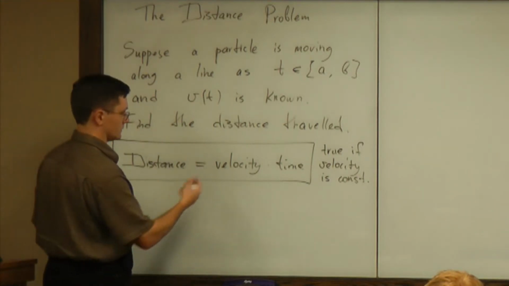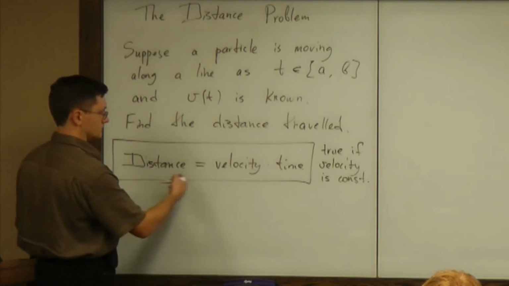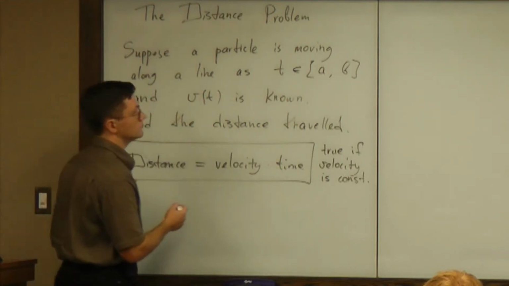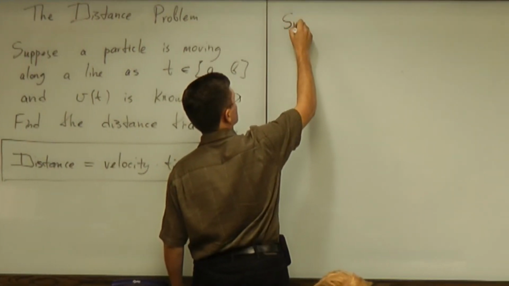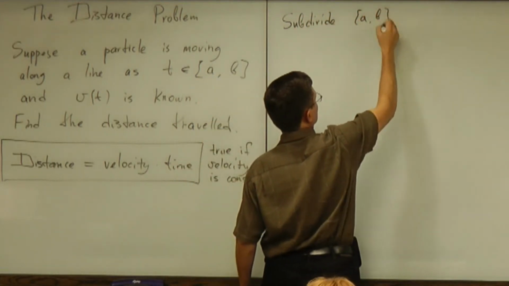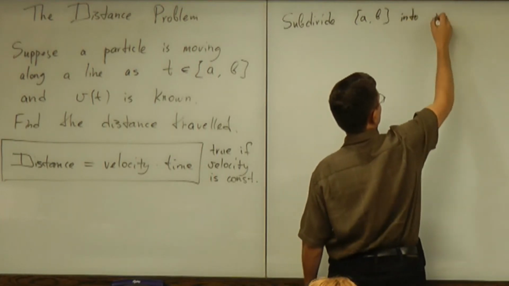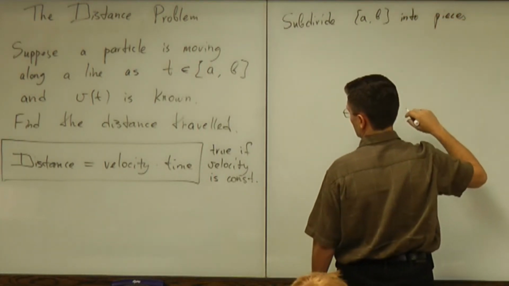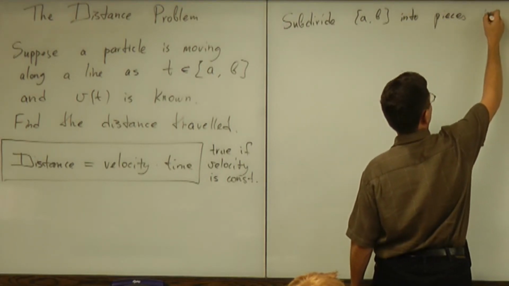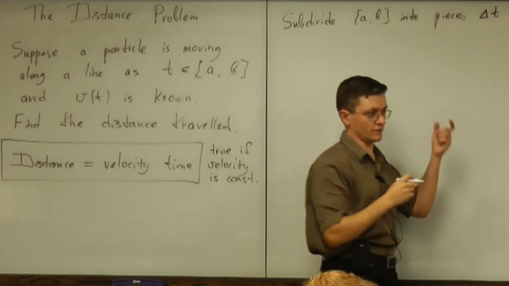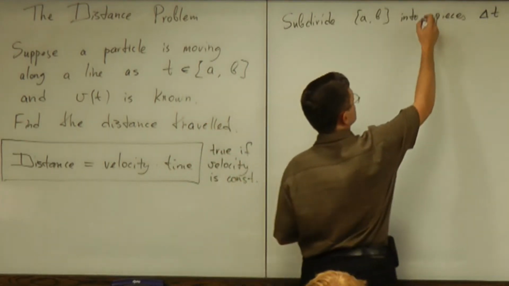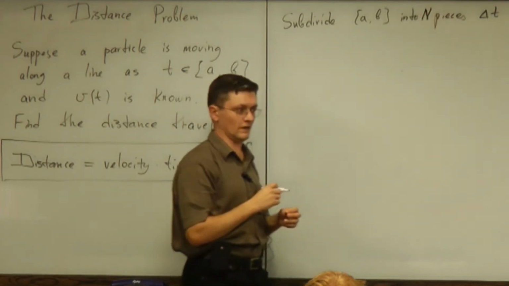Now, what kind of work do we do? Well, we subdivide the time interval into pieces, and let's say pieces of length delta t, all the pieces are of the same duration, delta t, and let's say we subdivide into n pieces.